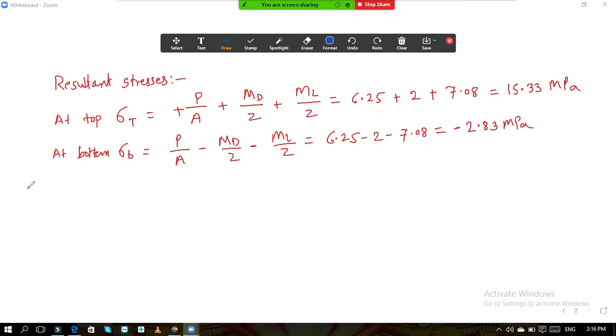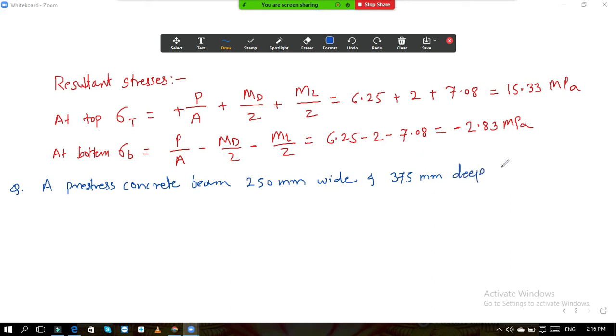The problem is a prestressed concrete beam 250 mm wide and 375 mm deep is prestressed by concentrically placed tendon.